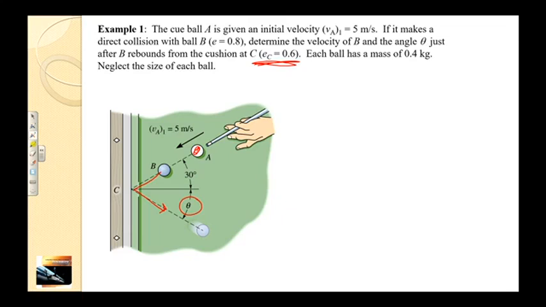So 5 times 0.8 is 4. 4 is equal to VB plus minus VA plus. Two equations, two unknowns. Velocity of B after is 4.5. Velocity of A after is 0.5.